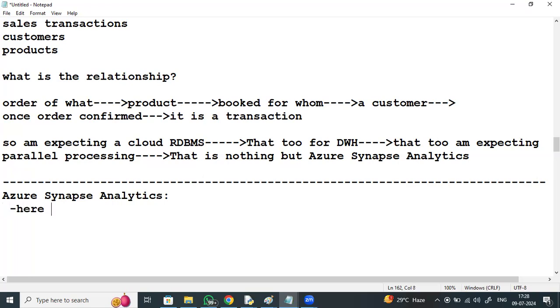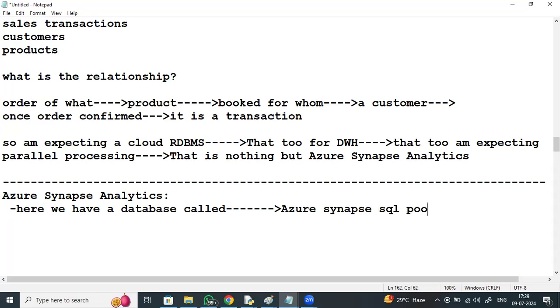Here we have a database called Azure Synapse SQL Pool DB.